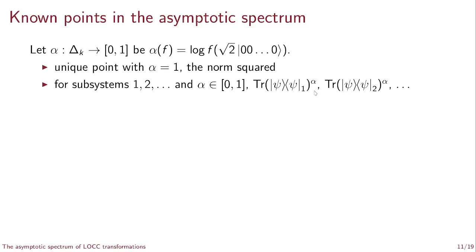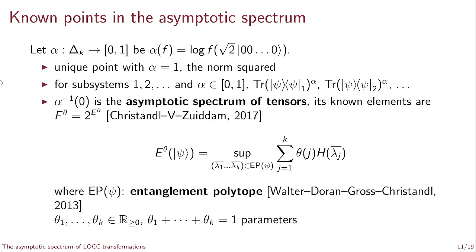So these will be Rényi entanglement entropies across certain bipartite cuts. So these are also in the spectrum. And more interestingly, if we take the elements that have alpha equal to 0, then they form what is called the asymptotic spectrum of tensors.